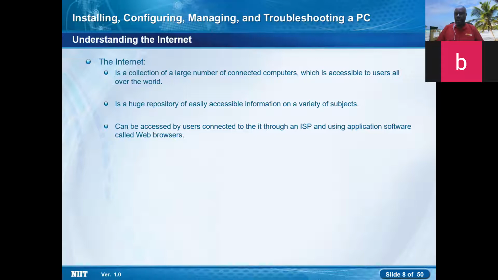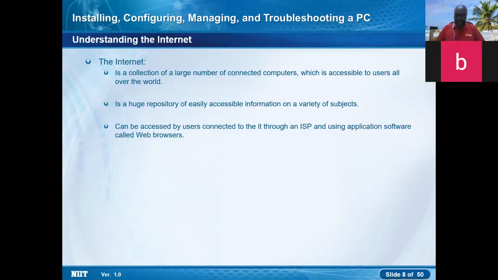So you can also use their internet to connect to the internet. And of course, apart from the connection through an ISP, you need web browsing software like Firefox, Chrome, Internet Explorer, Microsoft Edge, etc.